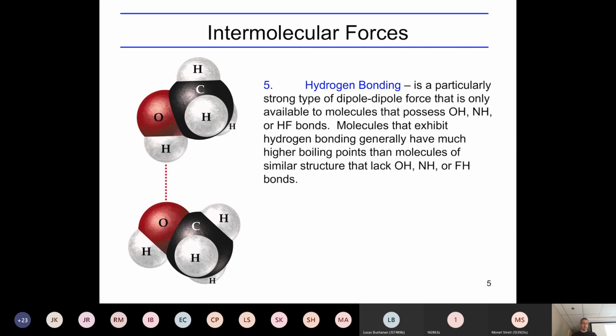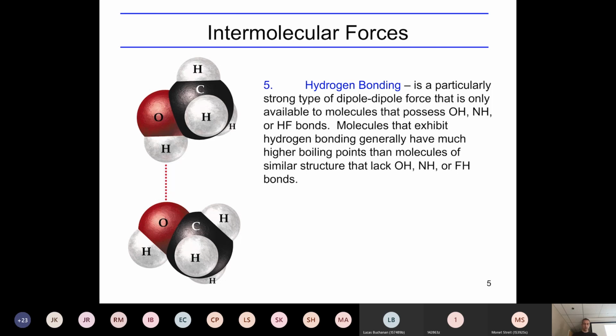The reason why OHs and NHs do hydrogen bonding is because there's a big electronegativity difference between the O and the H, or the N and the H. So you get a very strong dipole set up, and that leads to very strong forces of attraction.